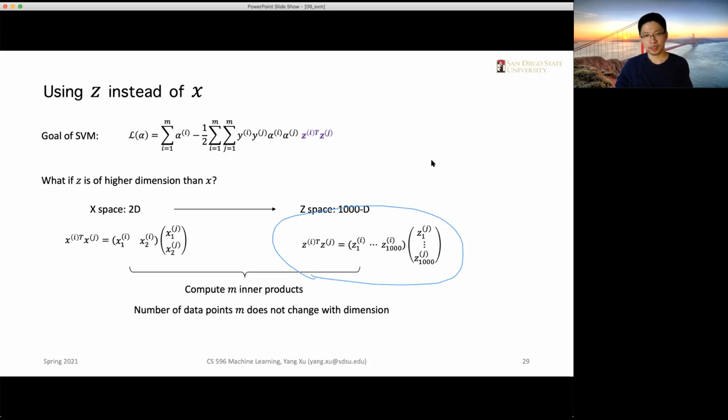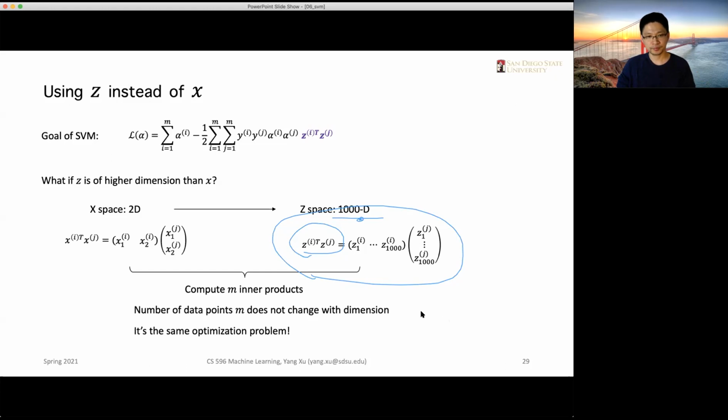We need to compute m such inner products, and the number of data points m does not change with dimensions. So we have a lot of freedom to explore the z space. All we need is to compute the inner products in z space. We actually don't care about its dimensionality. It can be 1,000, 2,000, 100, or 50, any number, as long as this nonlinear transformation helps us build the SVM model.